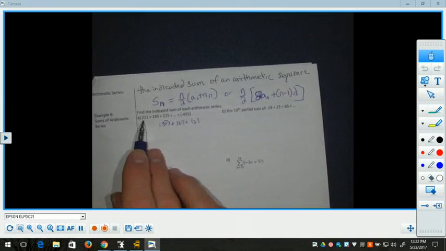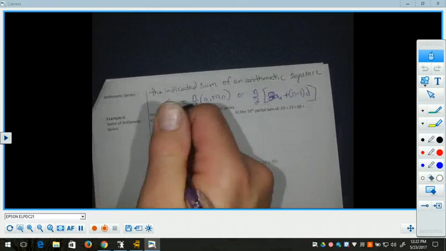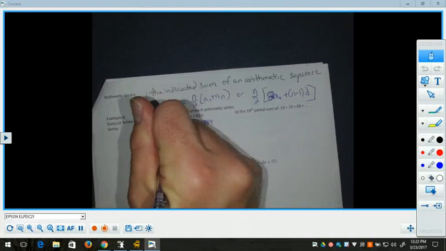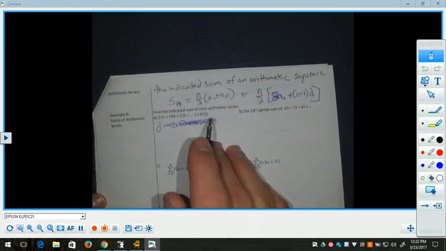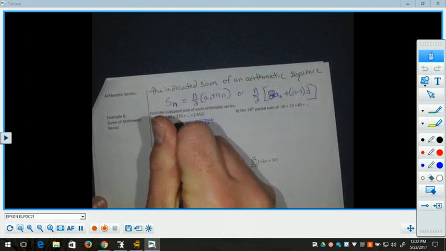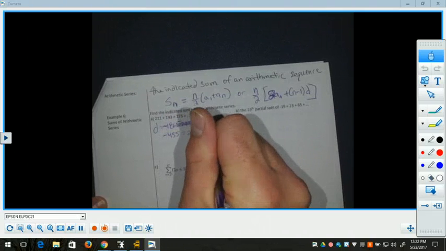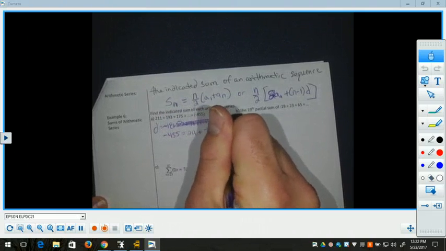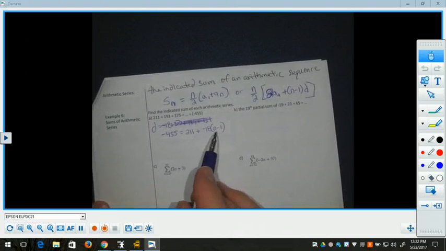It looks like this is starting at the first term, and we're going all the way up to negative 455. So we know that d is negative 18. What we really need to figure out is what position this is. So if you remember our formula, a sub n equals a sub 1 plus d times n minus 1. The only thing we don't have is the position n.